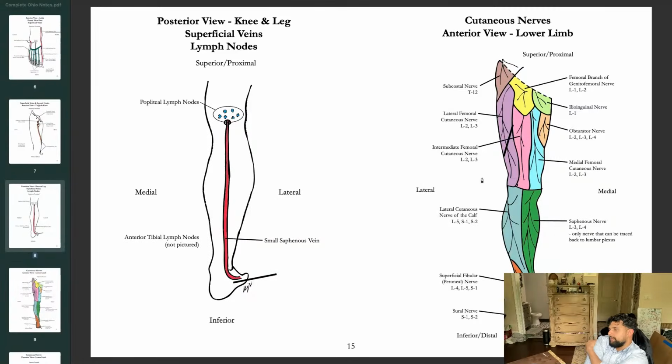Now, is lateral femoral cutaneous dorsal division or ventral division? It's dorsal division, ventral rami of L2 to L3, right? Subcostal nerve innervates the smallest portion up here. I think this is showing way too much. It does not come that far down.